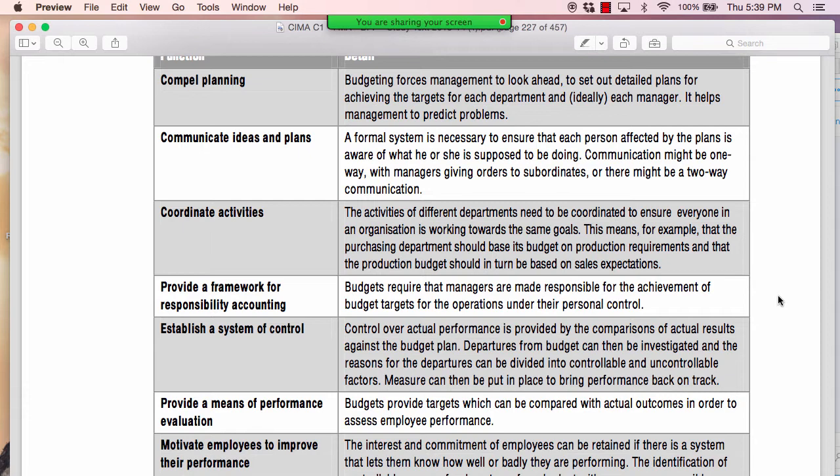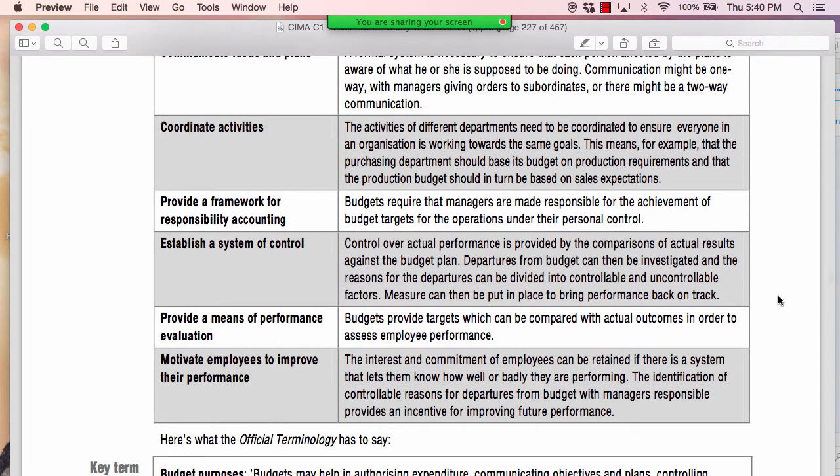Now, when we come to the budget preparation, we will see what will trigger the activities of a budget. Okay, we'll come to that. Budgeting also provides a framework for responsibility accounting and establishes a system of control, because it gives a good structure as to who is going to be accountable.